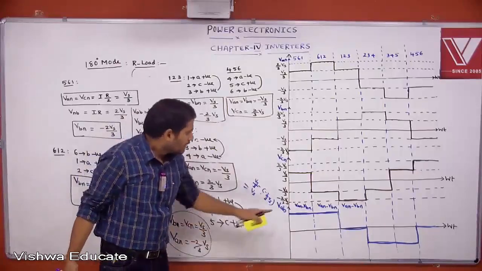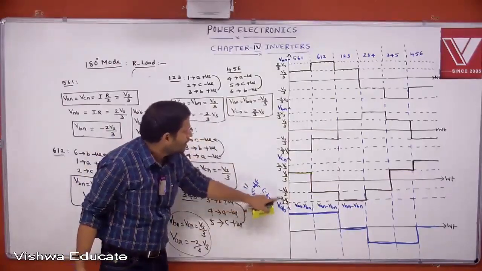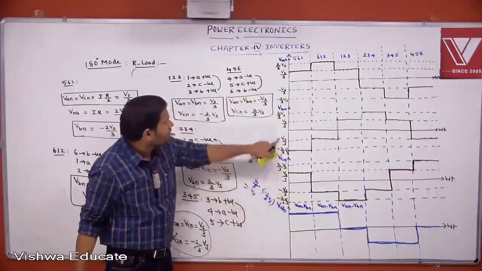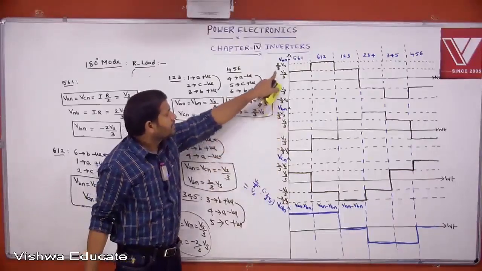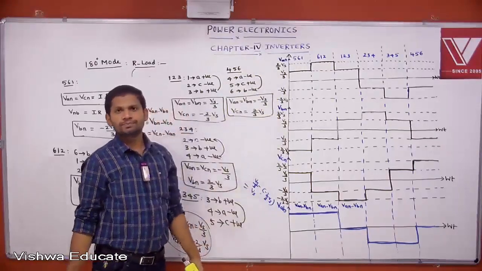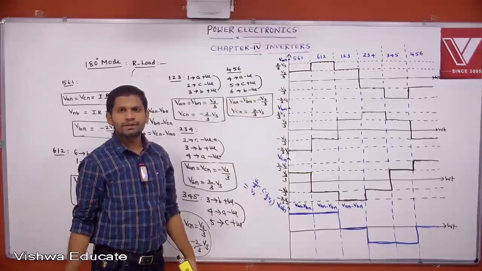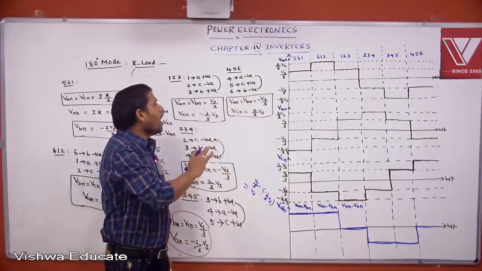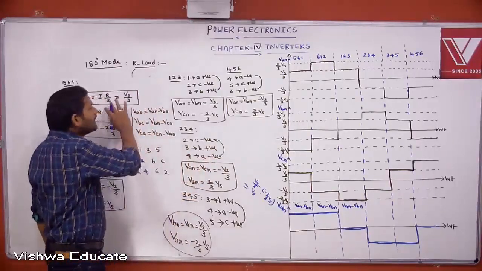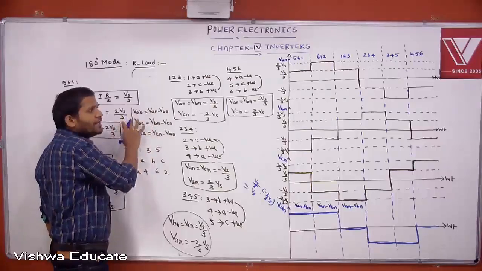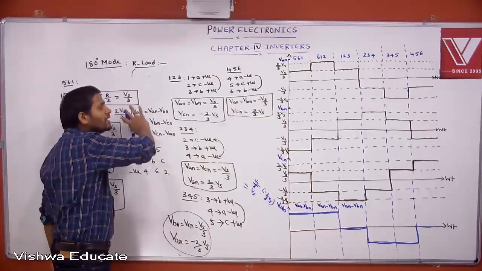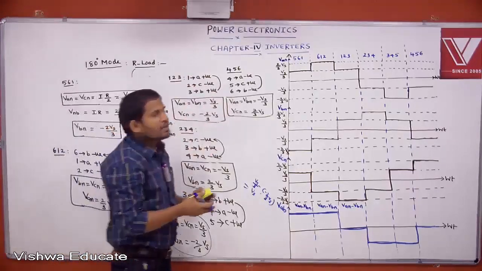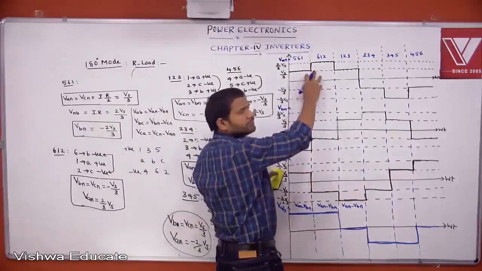Yes, this is one line voltage waveform, and this is C phase voltage, this is B phase voltage, and this is A phase voltage. Understood? Okay. This is how, by using a three-phase bridge inverter in 180-degree mode, we convert this DC voltage into three-phase AC. This is one phase voltage waveform.